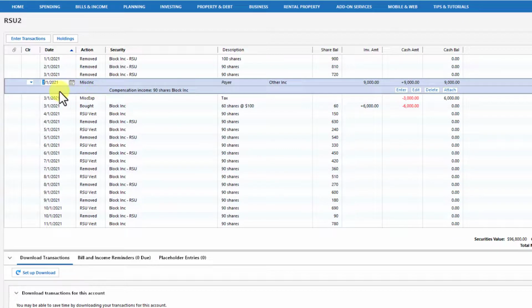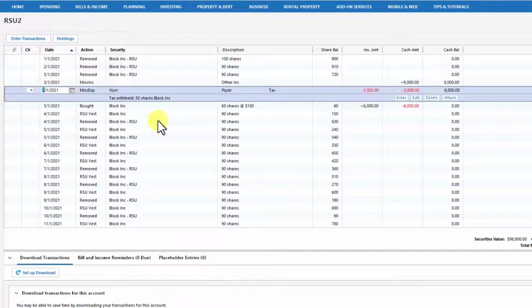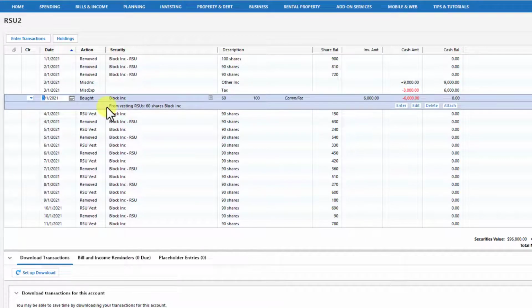So as anticipated, here is our March 1st income for the 90 shares, 9,000. Here is the miscellaneous expense, 30 shares, 3,000. And then here is the actual purchase of these shares, the shares that you own at 6,000, which is your new basis. So all things are what were expected.